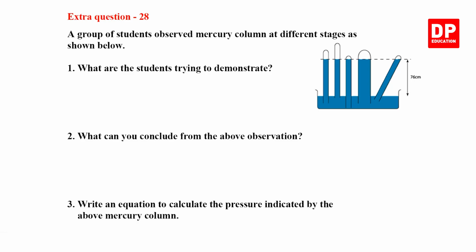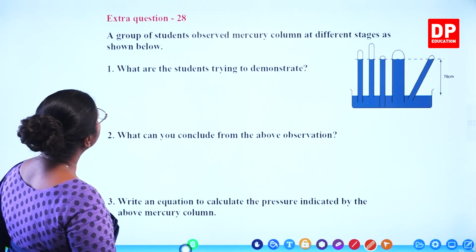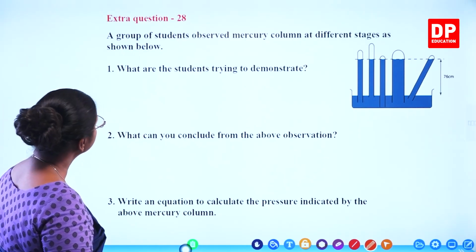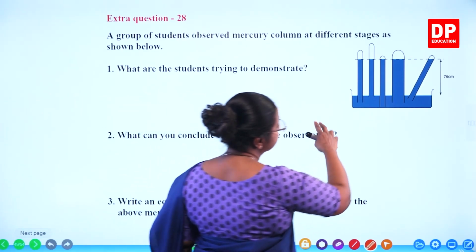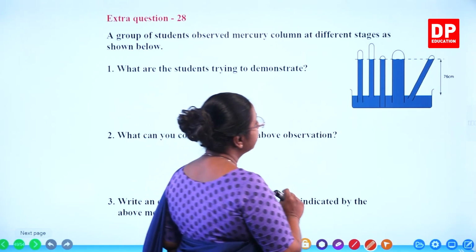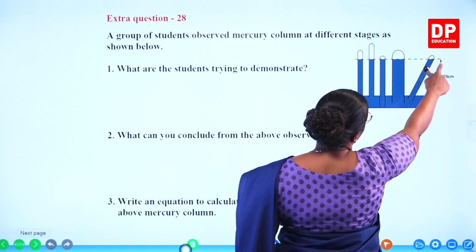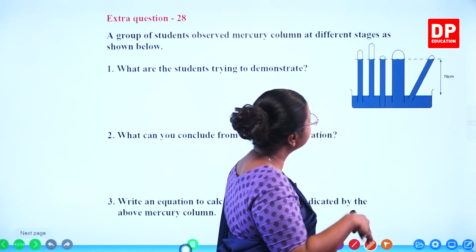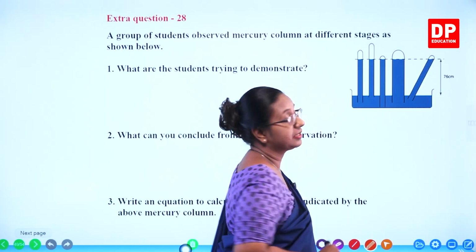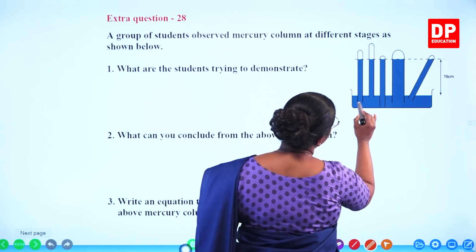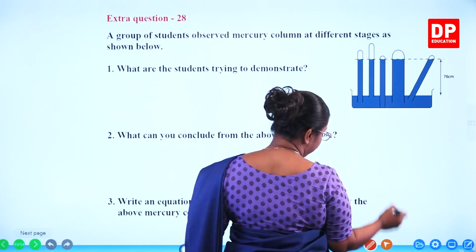Extra question 28. A group of students observed a Mercury column at different stages as shown below. So here you can see a set of Mercury columns, and in this they have marked all the levels. The vertical height of the Mercury level has been marked as 76 centimeters.